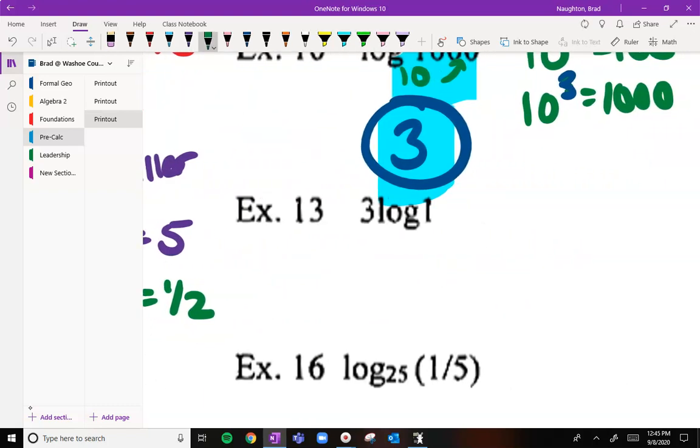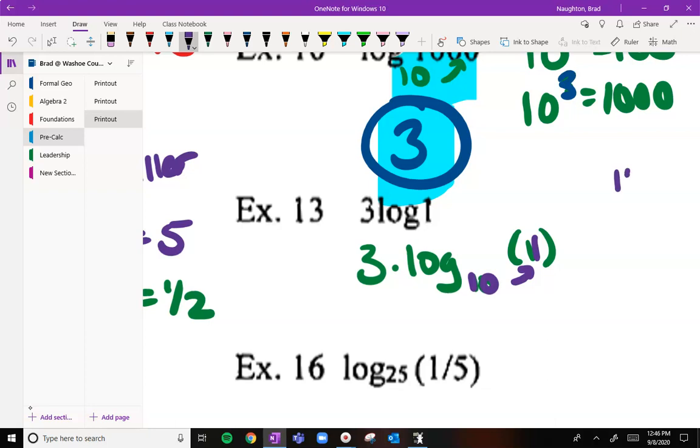Alrighty, this 3 log of 1. Okay, so before we get too crazy, let's worry about the log, because that's what we're really looking at. We'll worry about the 3 in just a second. So how do I go from 10 to 1 using our exponent rules? Now, this is a tricky one, because if I tried to do the square root, as we saw in the previous example, I'm going to get a decimal that's not even close to 1.